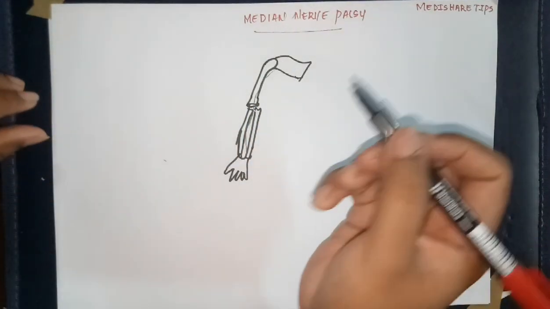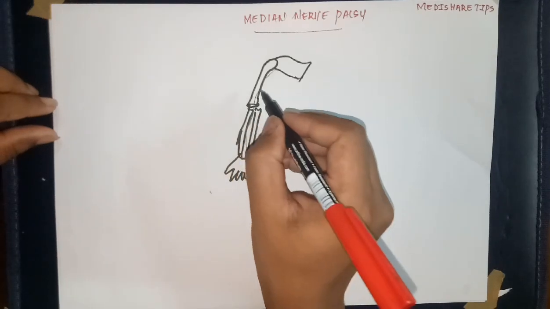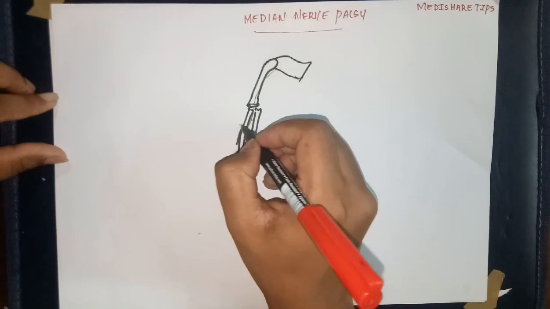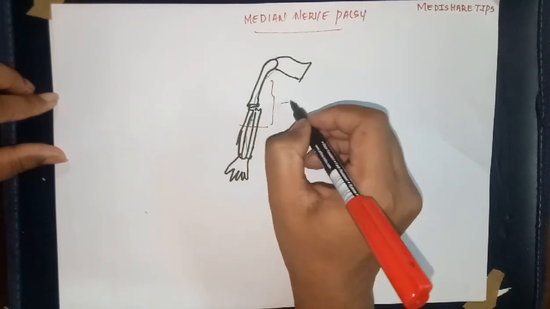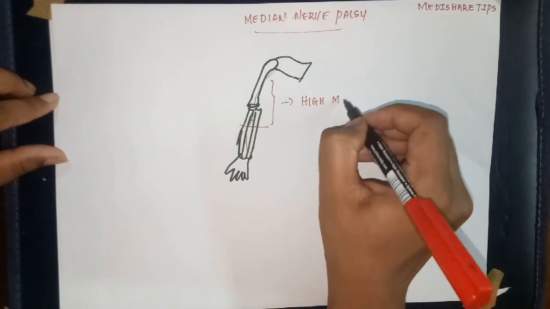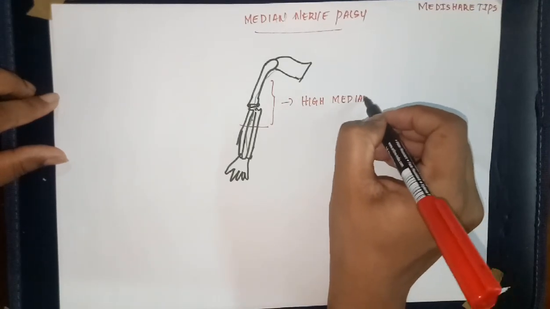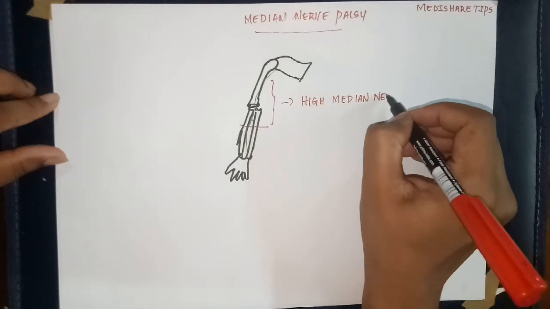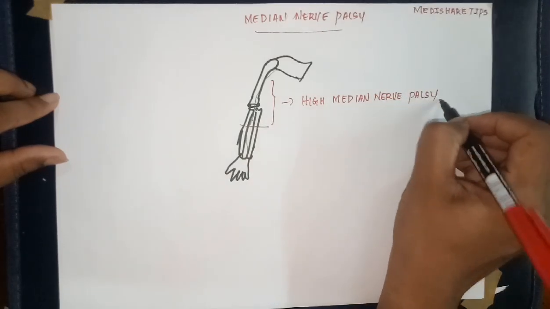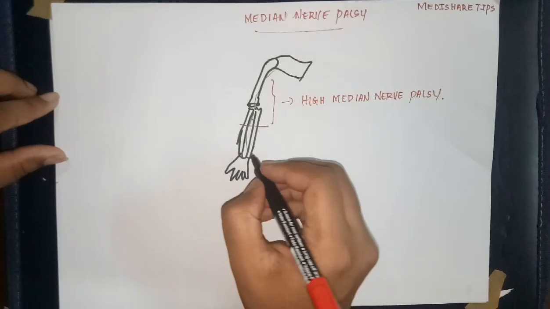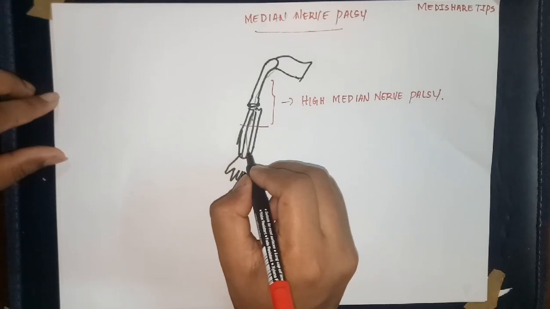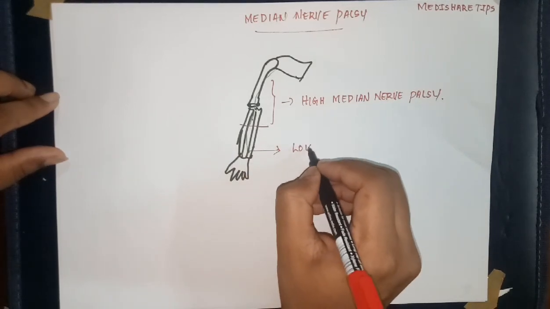The median nerve can get injured either in the arm or in the proximal forearm, which is known as a high median nerve palsy. If the injury occurs in the distal part of the forearm or the wrist, it is known as low median nerve palsy.